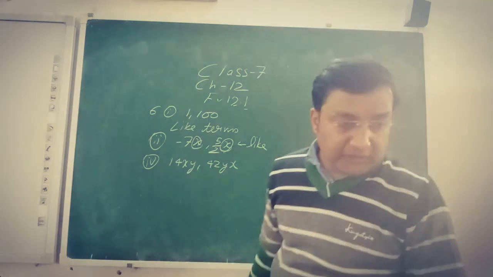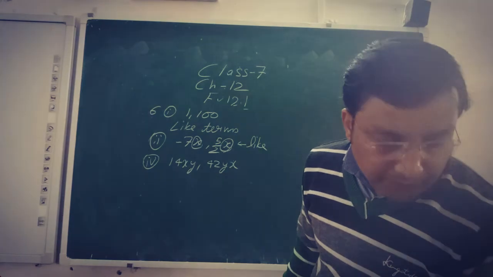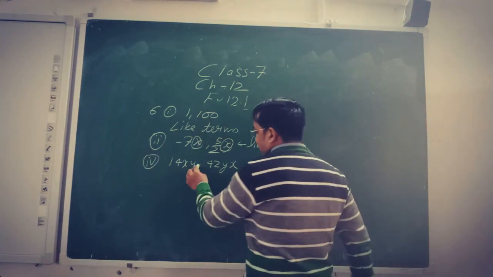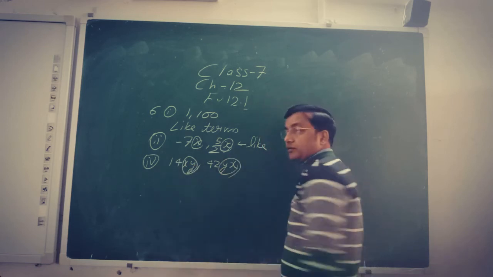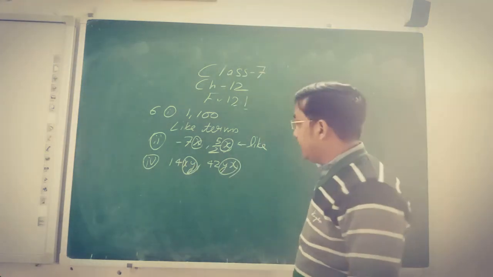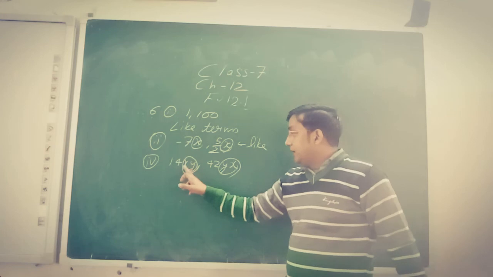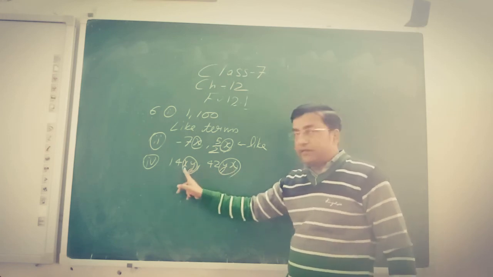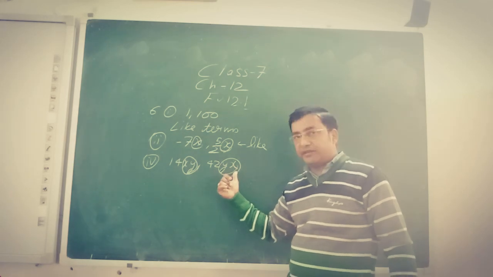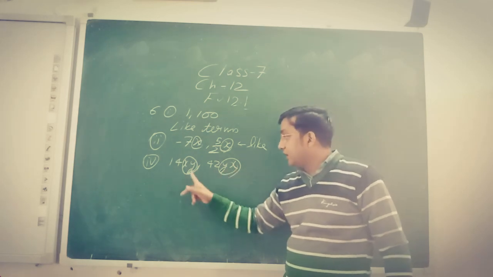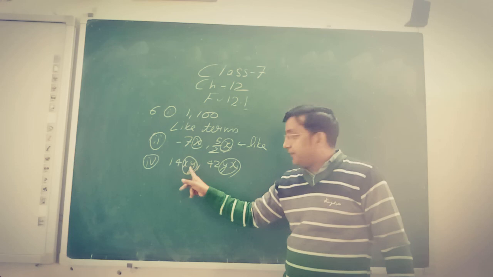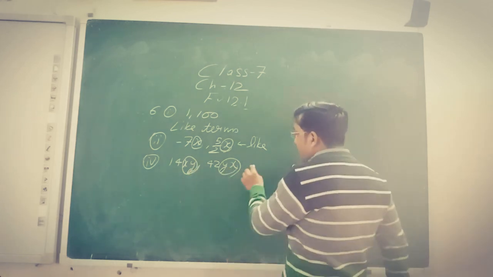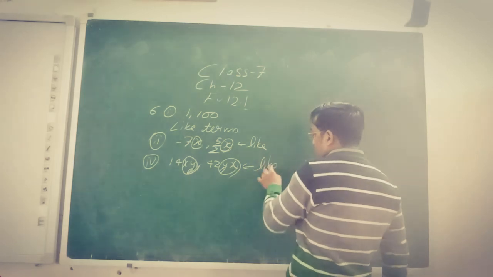Now look at the variable part, xy and yx. They are exactly same. Why? x is here also, x is here also. No matter it is coming first and here it is coming second. The y is power 1 and y is power 1. So they are like.